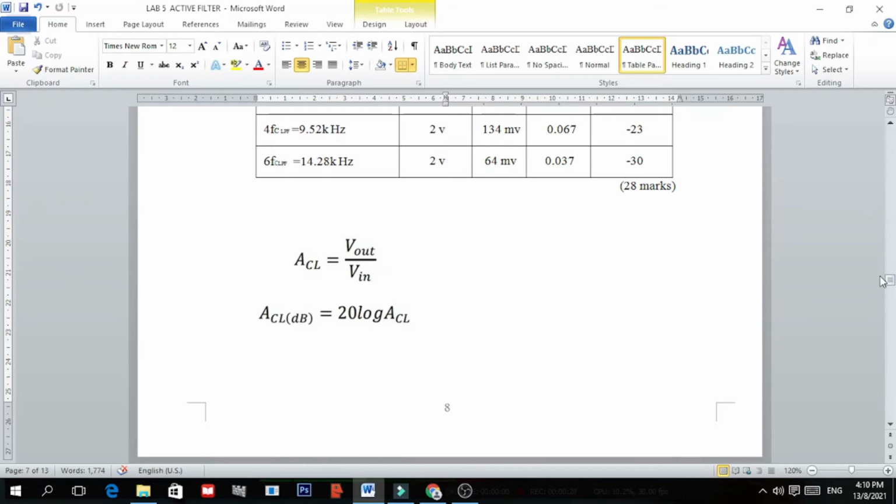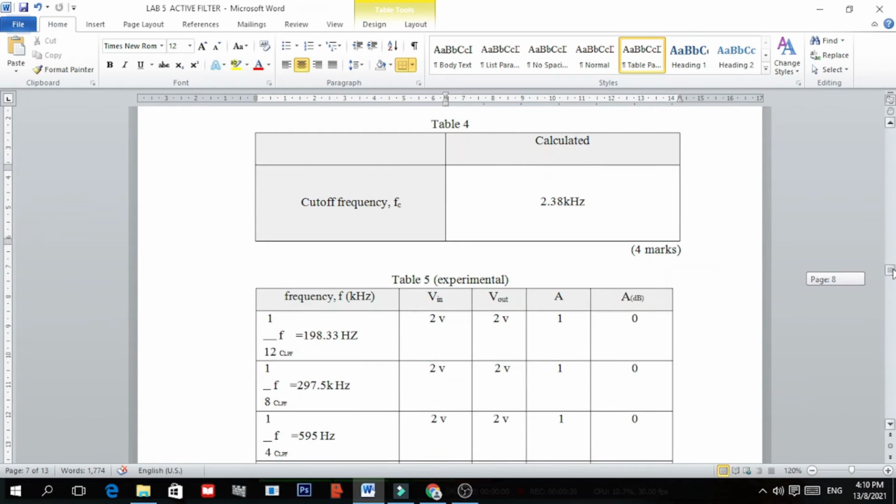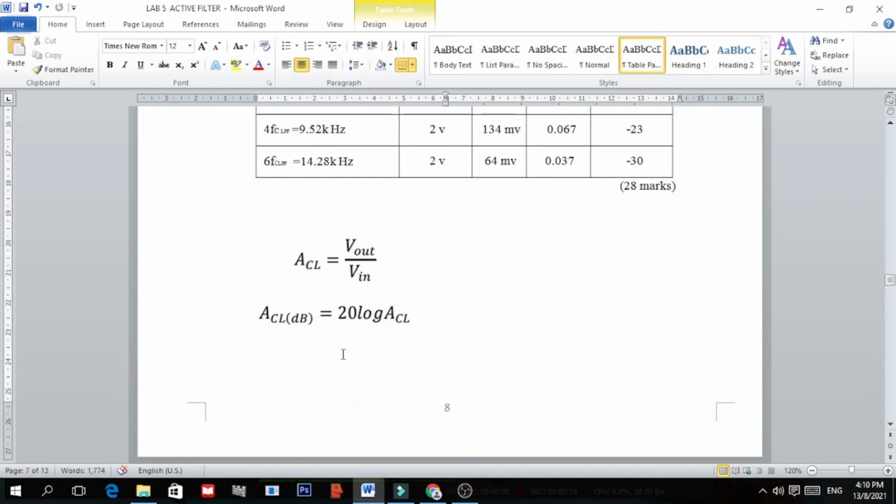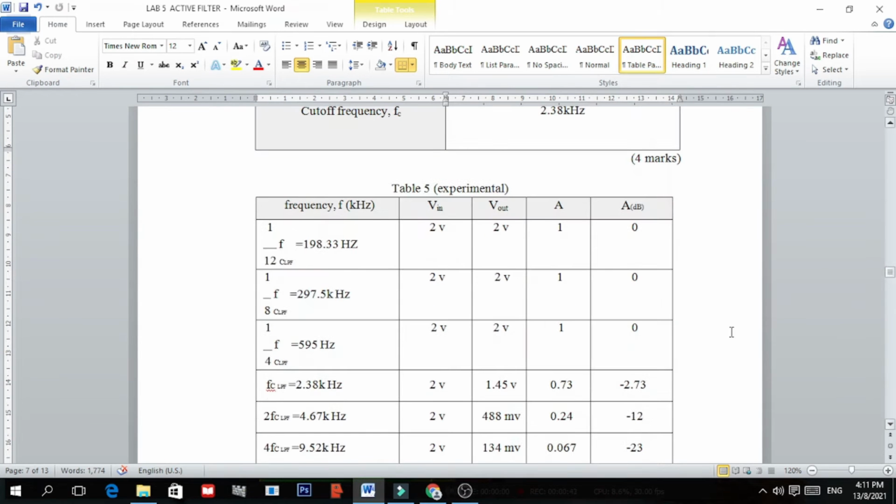As for the voltage gain in dB, that is 20 log ACL, that is 20 log gain. So this is the value I got from the calculation here.